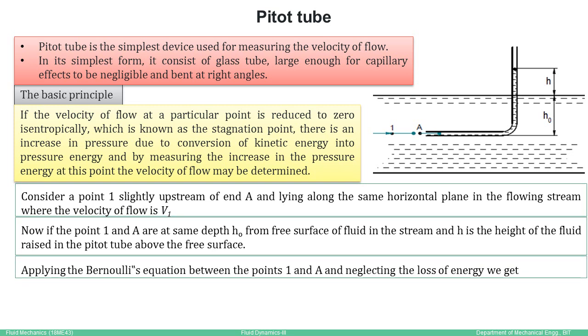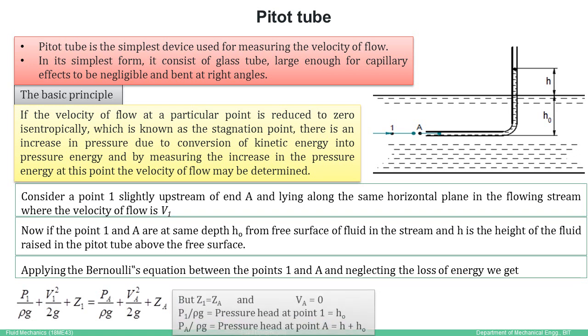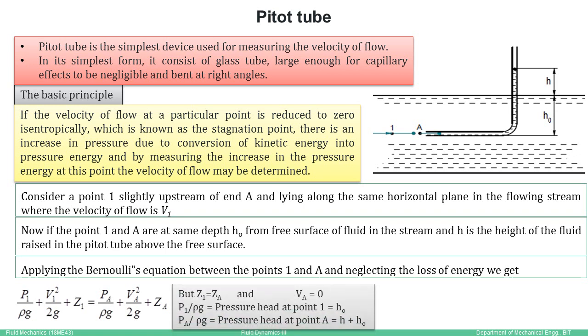Now applying Bernoulli's equation between the points 1 and A, and neglecting loss of energy, we have this expression: P1 by rho g plus V1 square by 2g plus Z1, that is energy at point 1, is equal to energy at point A, Pa by rho g plus Va square by 2g plus Za. Since points 1 and A lie in the same horizontal plane, we have Z1 equal to Za, and since the fluid flow is stopped isentropically at point A, Va is equal to 0.